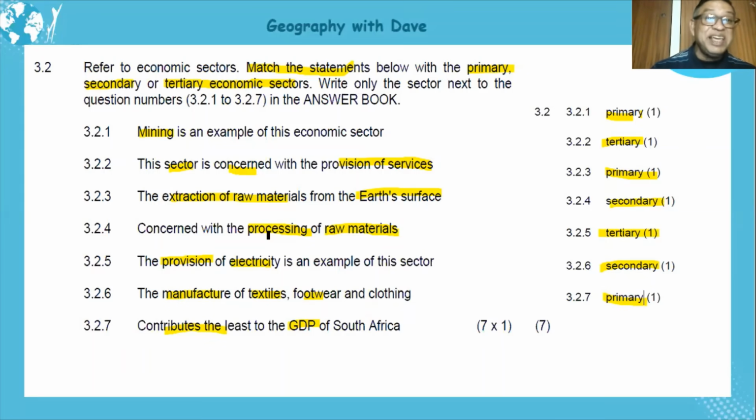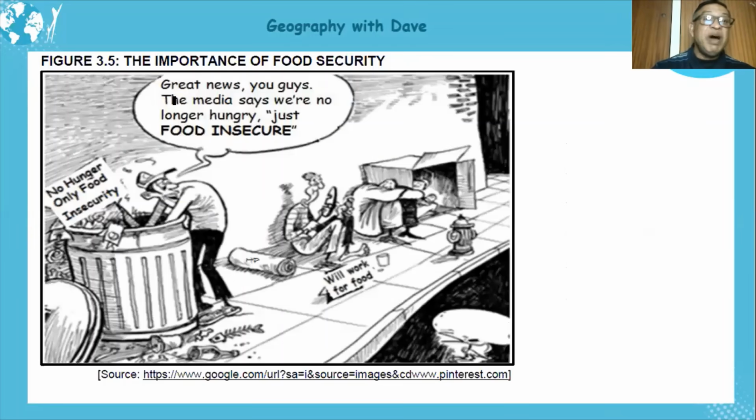So be careful, eh? All right, I know I've done this before, but it's part of the 2019 paper, and I do apologize, but let's see how we fit in. So in terms of this, the examiner has given a cartoon, and the heading here, the importance of food security. That's the emphasis here.